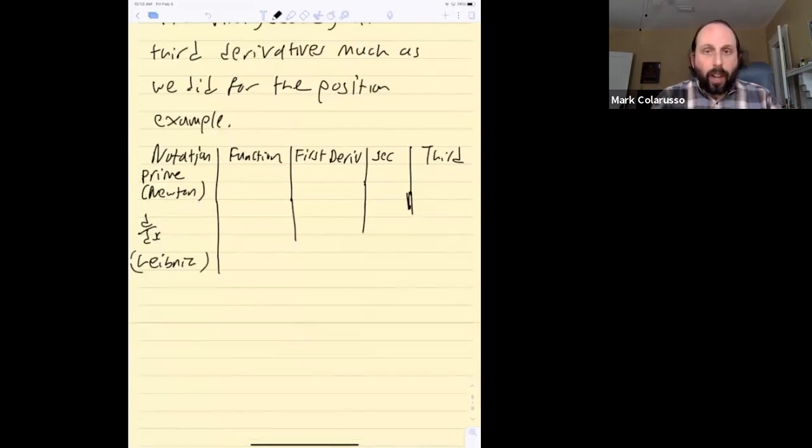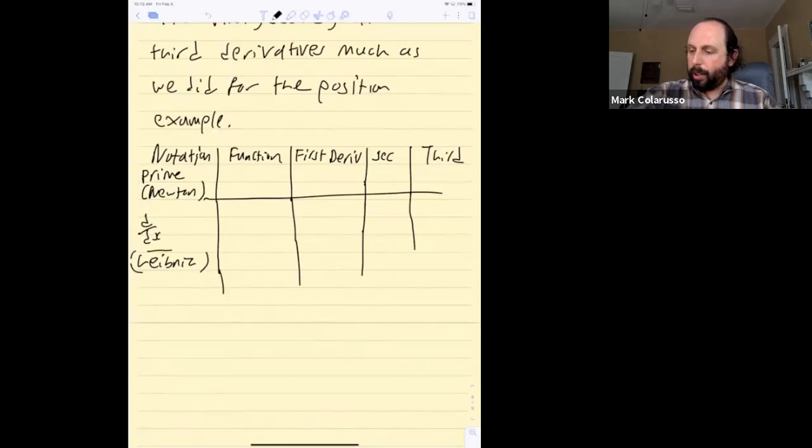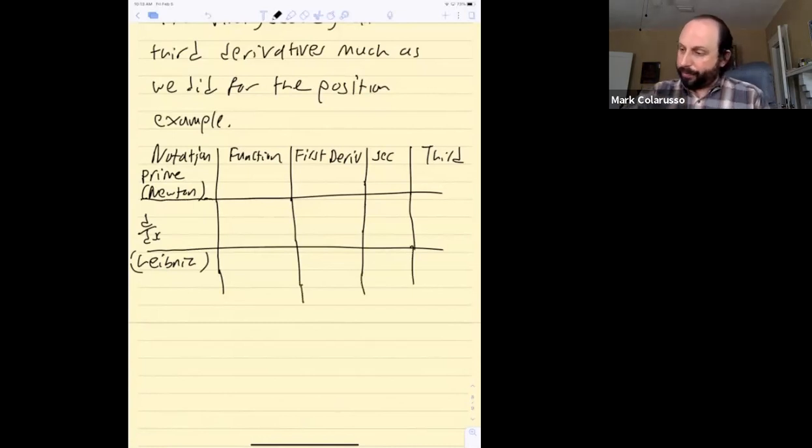Calculus was developed simultaneously by two different people, Newton and Leibniz, and they were writing to each other. Historians debate whether one stole the ideas from the other, but no one has really settled that. We won't have to get involved in that debate, but if you're interested, it's an interesting story and you can read about it.